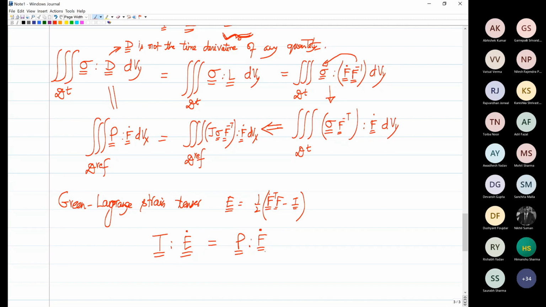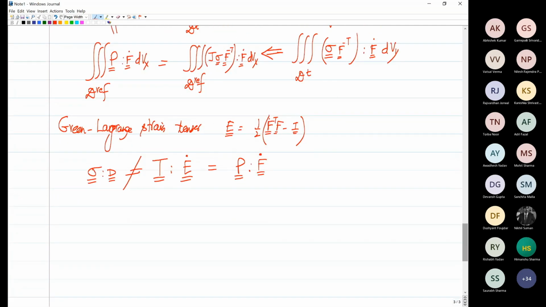Do not relate it to sigma double contraction D, because sigma double contraction D is the rate of work done per unit deformed volume, and therefore it is integrated over the deformed volume.